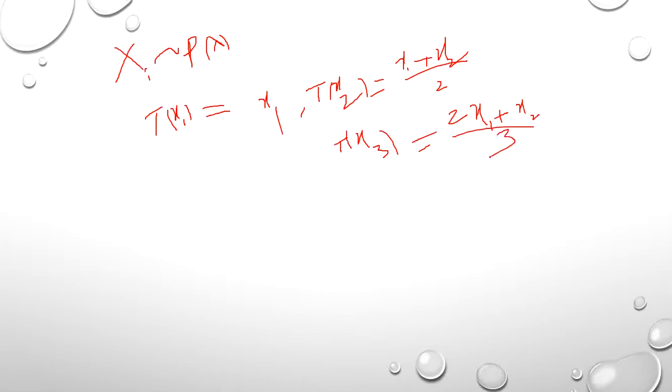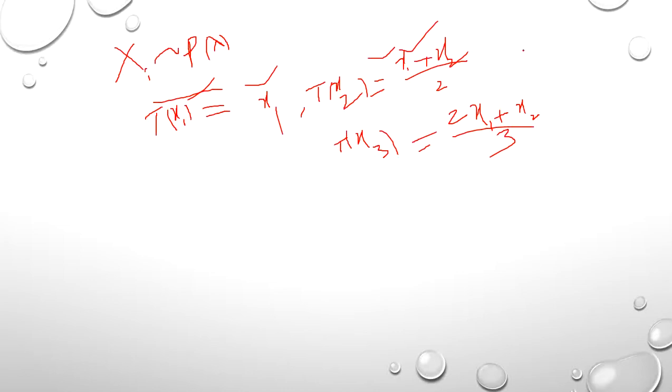See, I have drawn three statistics from the distribution: X1, X1 plus X2 divided by 2, and 2X1 plus X2 divided by 3. Now if you check unbiasedness, you get lambda for each; all are unbiased for lambda. For T3, 2 lambda plus lambda, 3 lambda divided by 3.